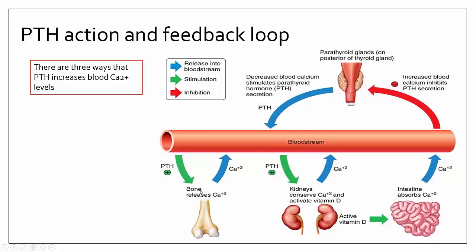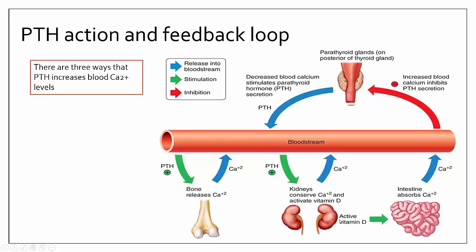Parathyroid hormone stimulates the release of calcium from bone. This is where the osteoclasts come in, okay? Osteoclasts break down bone, and that puts calcium back into the blood. Parathyroid hormone also stimulates the kidneys to conserve calcium, and in the kidneys it can activate vitamin D. So you have the kidneys already conserving calcium, keeping it in your body, and activating vitamin D. Now here's the calcium coming from the kidneys back into the blood.